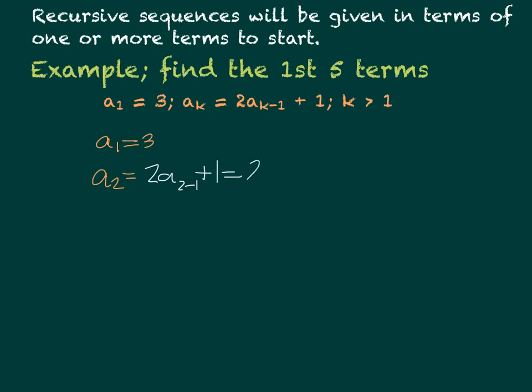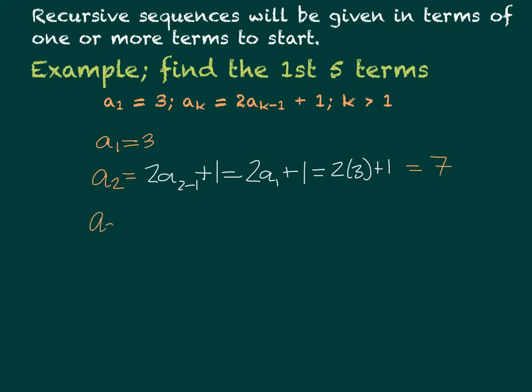So that's equal to 2 a sub 1 plus 1, which looks like 2 times 3 plus 1. So that is equal to 2 times 3, which is 6, plus 1, which is 7. So my a sub 2 term is 7.